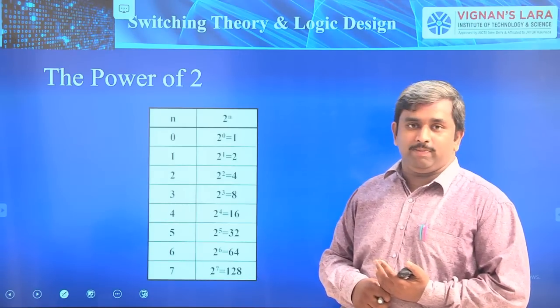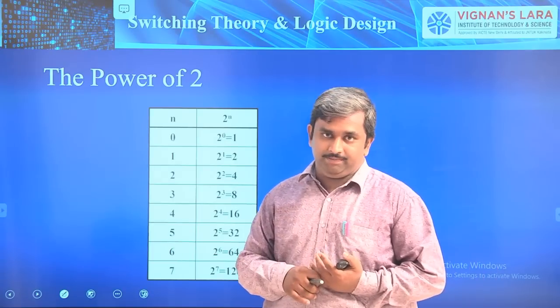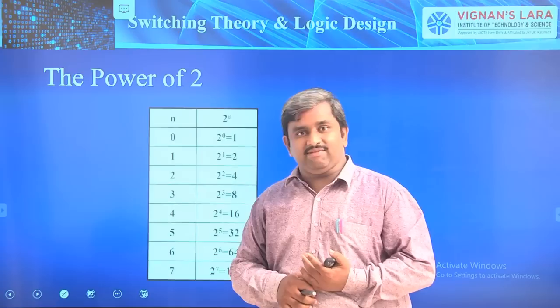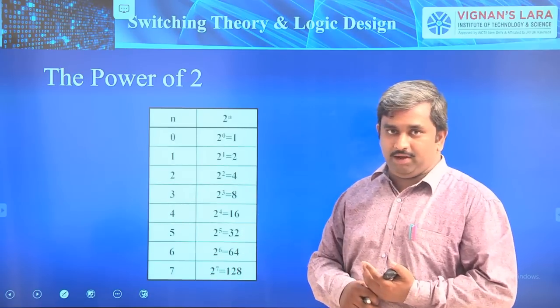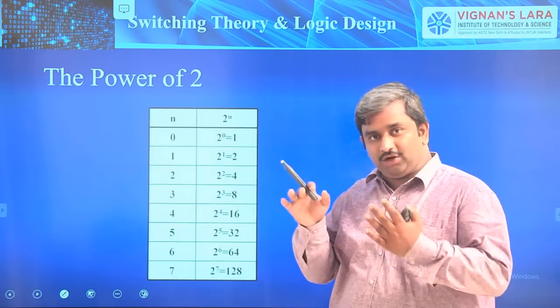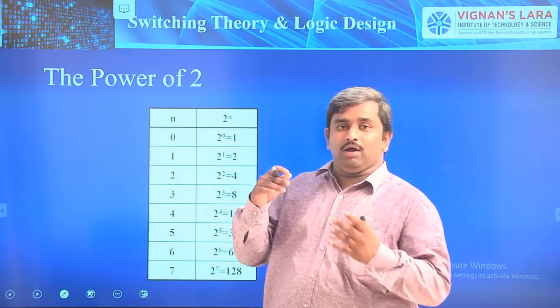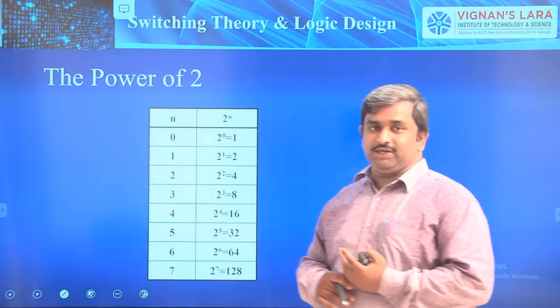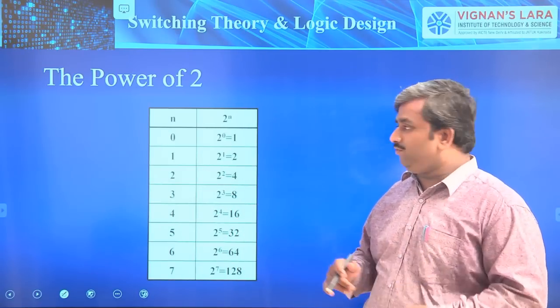Presently most mobiles run with 4 GB RAM, and some gaming mobiles are available with 6 GB, 8 GB RAM also. What is meant by that GB? That we will see now. Not only GB, we also have KB, MB, and different types of notations. We will see what they are.